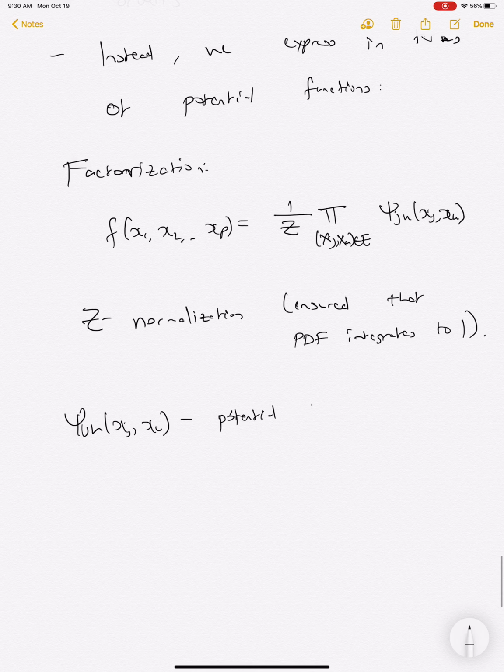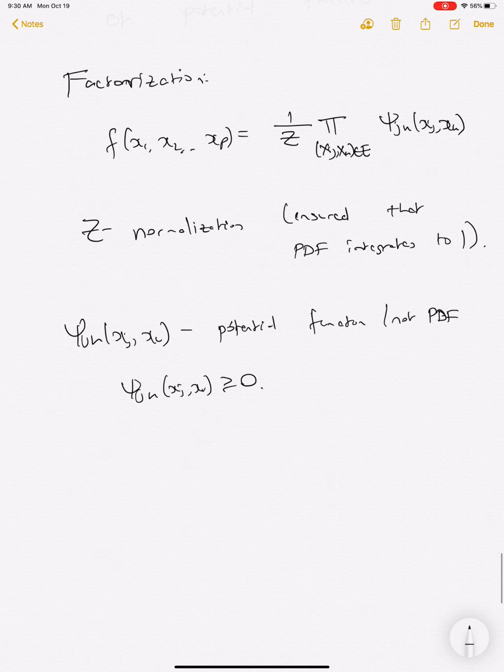It's not a PDF, but it does have the property that psi jk of xj, xk has to be bigger than or equal to 0.